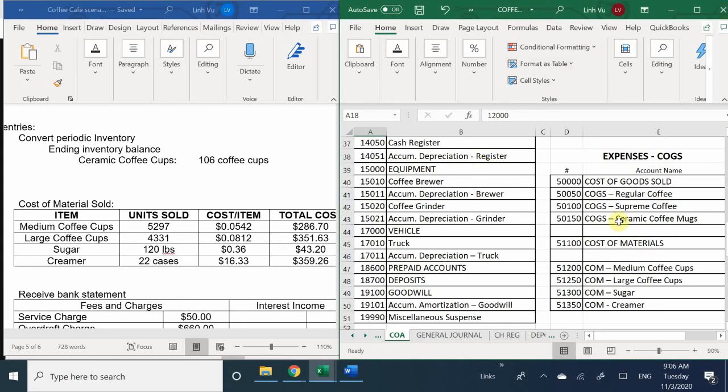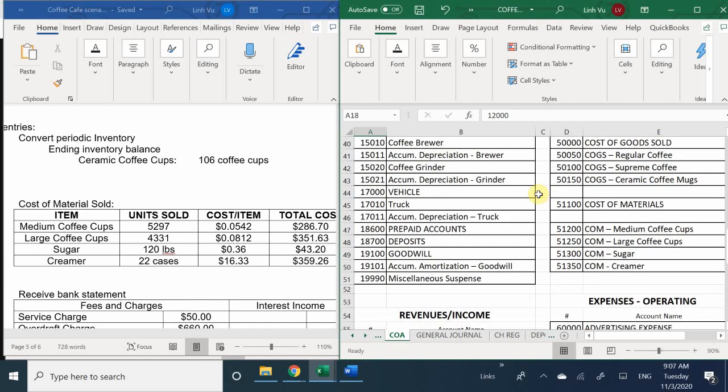So would it be COGS medium coffee cups? Let's look at our chart of accounts. Do we have a COGS medium? Yes. Oh no, we have a cost of materials. There you go. We have cost of materials, medium coffee cups, cost of materials, large coffee cups, sugar and creamer.